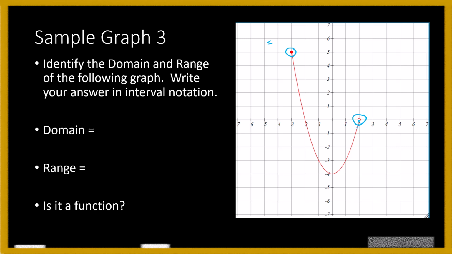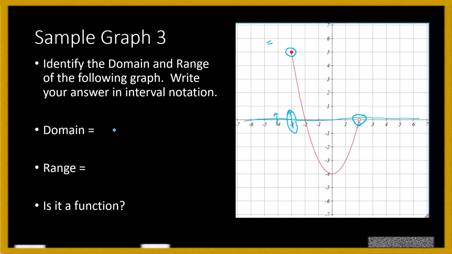So how do I deal with writing domain and range? Well, let's start with domain by following the x-axis. And as we go along, we need to see where the graph ends. The graph ends here at x equals -3. Now, if I start moving to the right, I see, along the x-axis, my graph ends at 2.